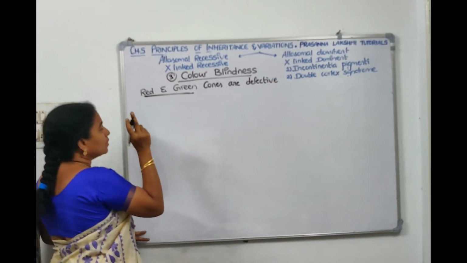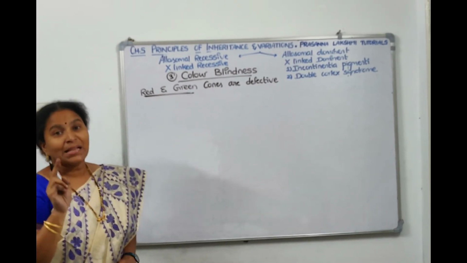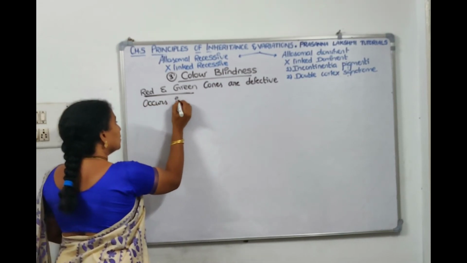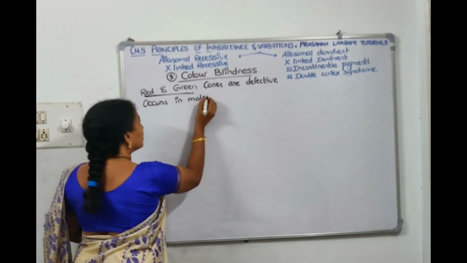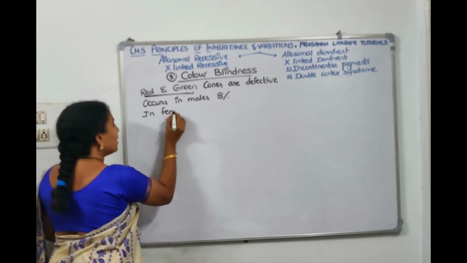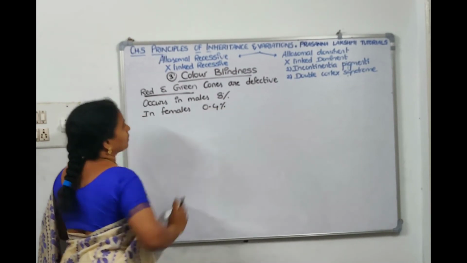Since it is located on the X chromosome, the occurrence of color blindness in males will be more. It occurs in males approximately 8%, but in females, the occurrence is only 0.4%.